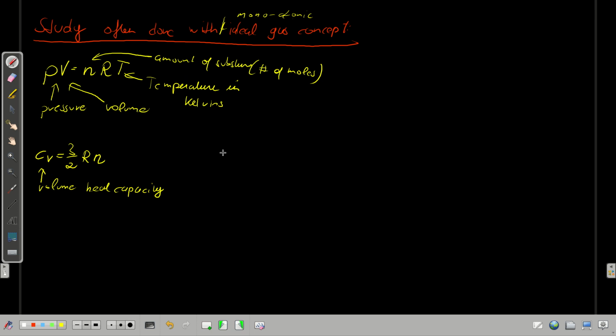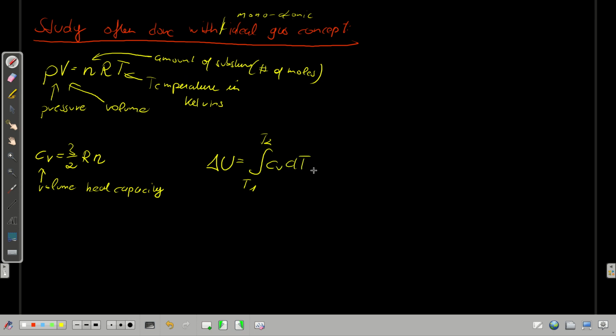And there must also be a change in inner energy, or a function U, that describes the change of inner energy. Delta U equals the integral from temperature 1 to temperature 2 of CV dT.